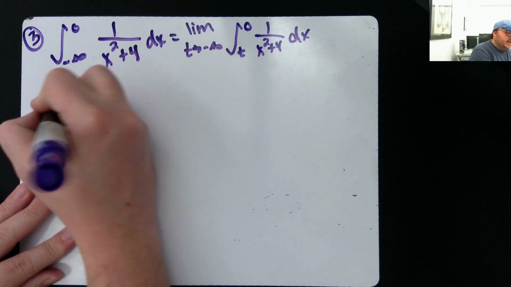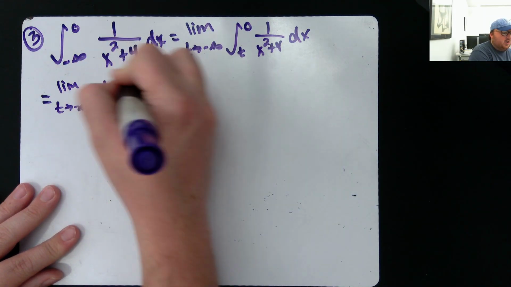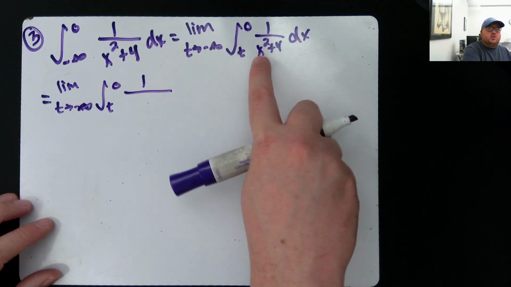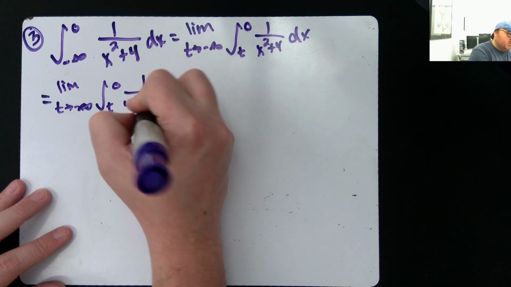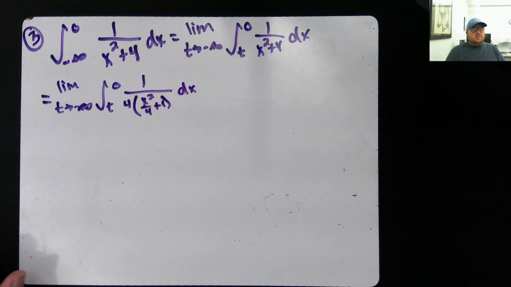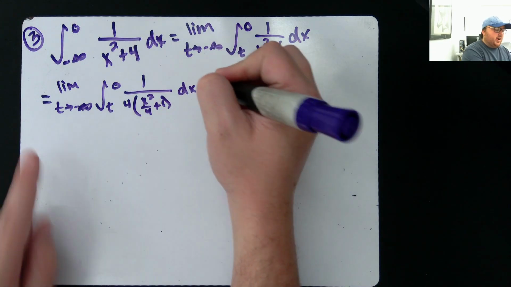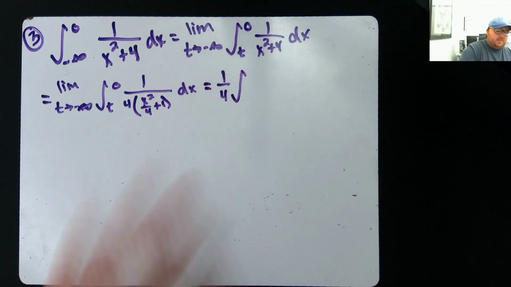Once again, I want this to be something squared plus 1, so factoring out a 4 gives me 4 times x squared over 4 plus 1 dx. Now, since I have a 4 in the denominator, I can bring out a 1/4. Limit, I forgot the limit.